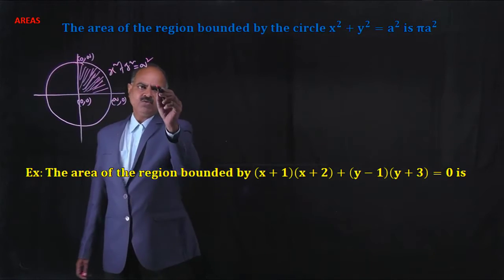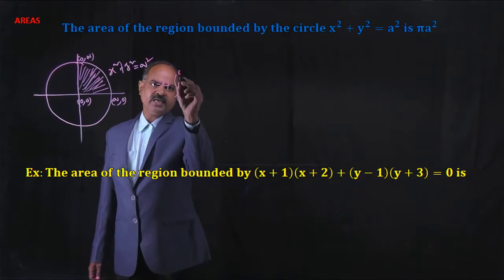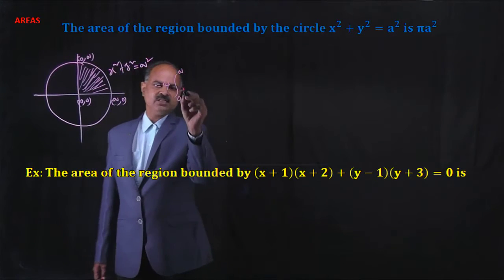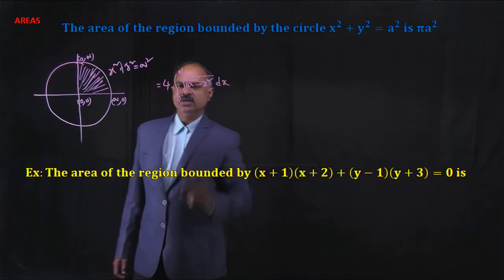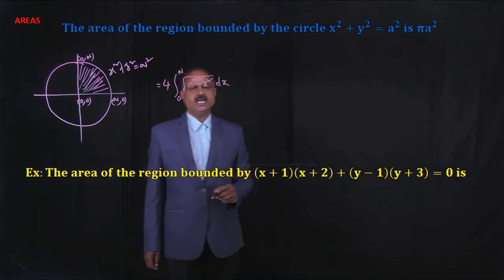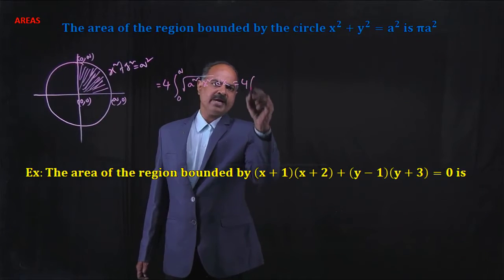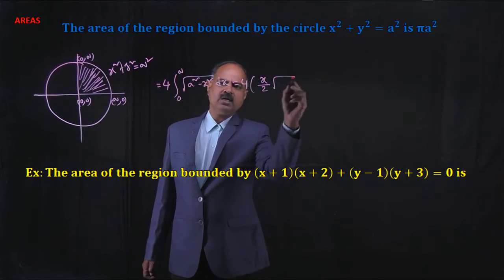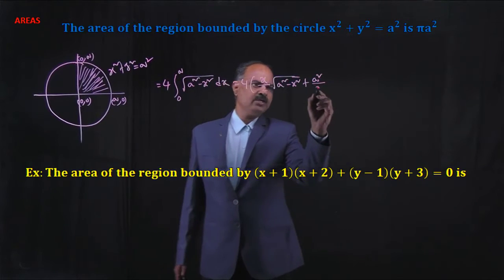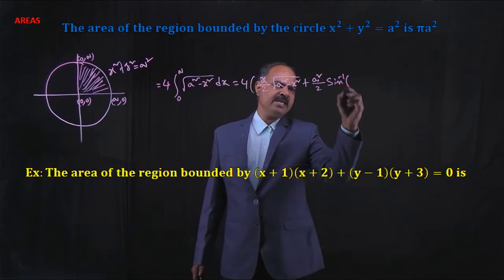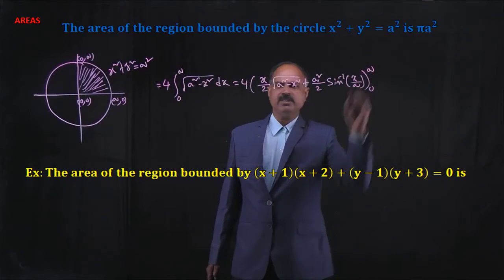So this is equal to 4 into integral 0 to a of y dx, that is the square root of a square minus x square dx. We know that the integral of root over a square minus x square dx equals x by 2 into root over a square minus x square plus a square by 2 into sine inverse x by a, with limits 0 to a.